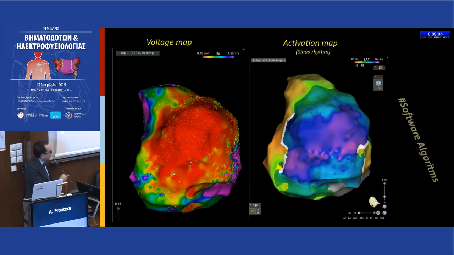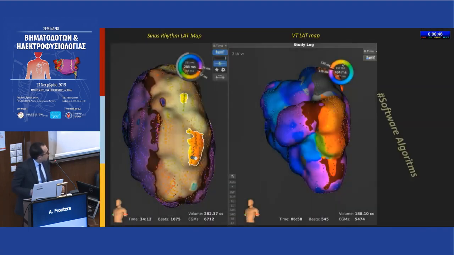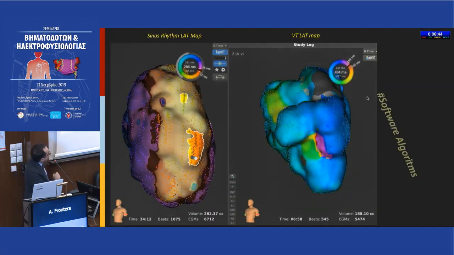You see here, this is the bipolar map, an extended area of scar, and on the right, the propagation map during sinus rhythm, and this is the line of block, this white line, which is added automatically by the system.